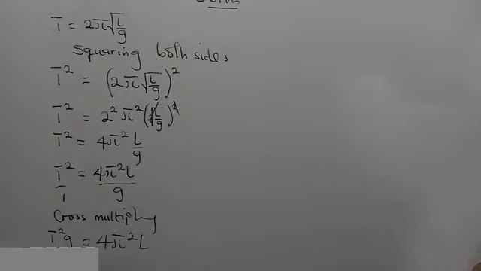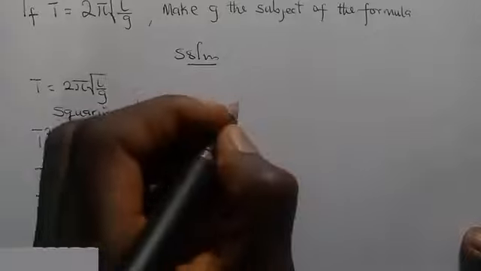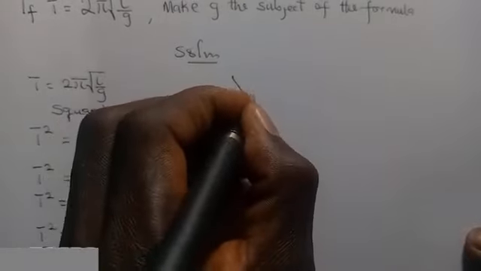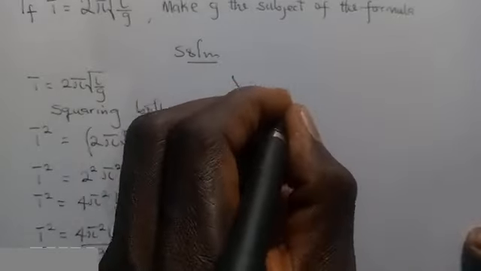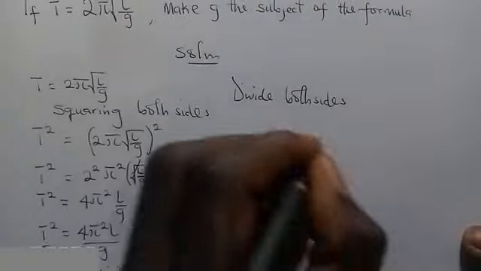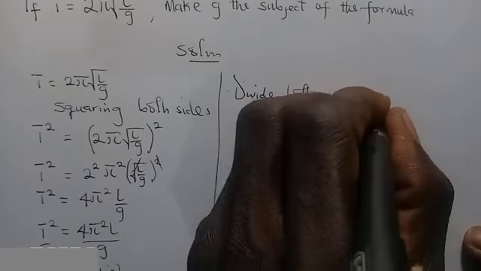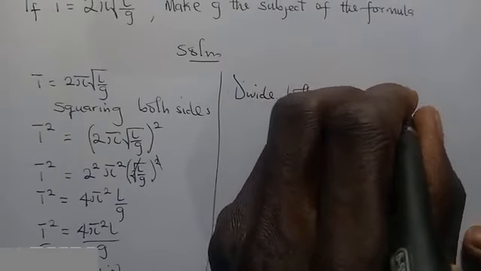And when you look here, T square is associated with G by multiplication. So we are going to divide both sides by T square.